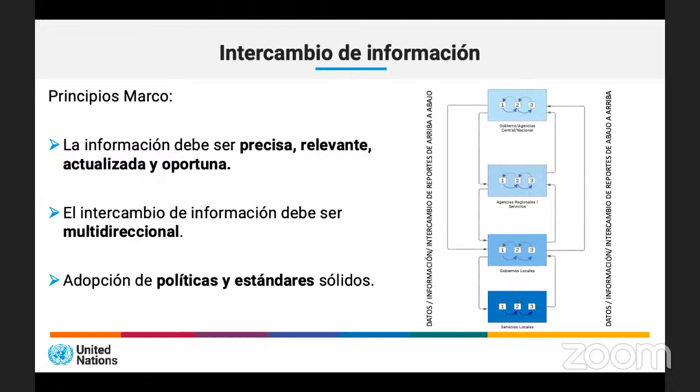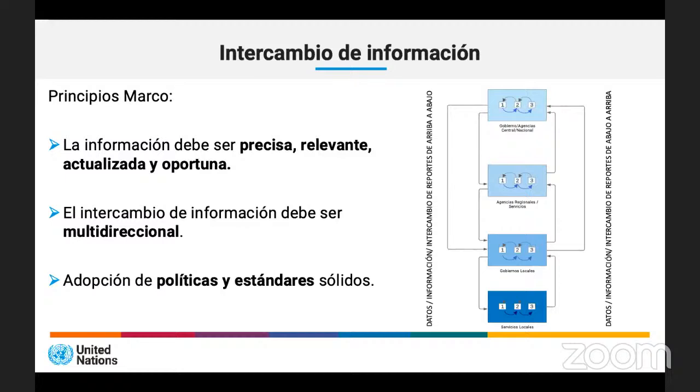We should be very careful that information is accurate, relevant, updated, and timely. We don't share irrelevant information or information that is not updated regularly. Information should be multi-directional, not only vertical, but also horizontal between various agencies or companies, or even with the stakeholders. These procedures must be transparent.